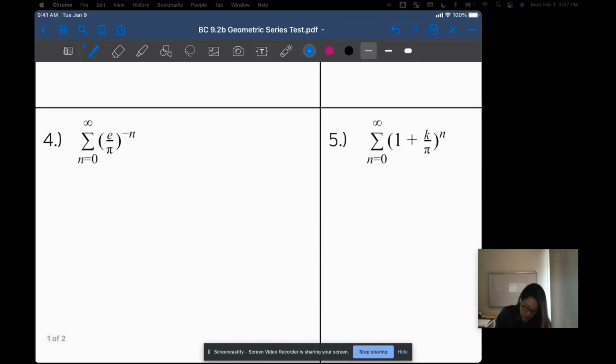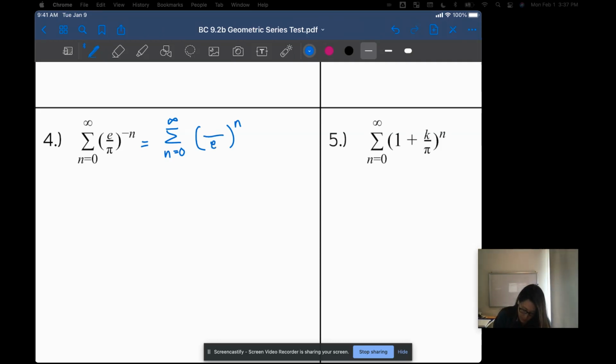So I have the sum from n equals 0 to infinity of e over pi to the negative n. So I'm not keen on the negative, so I am going to rewrite it with a positive exponent. So remember, when I use a positive exponent, it's going to flip my bases.